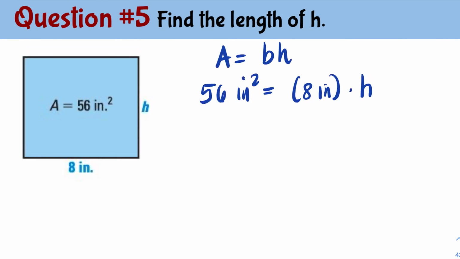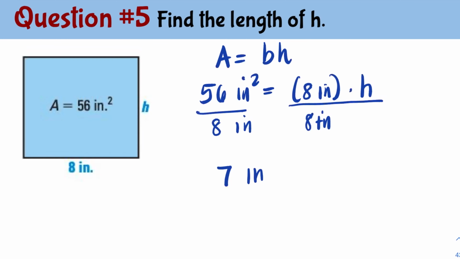So now we can divide both sides by 8 inches. And 56 divided by 8 is 7. Inches squared divided by inch as the unit. And 8 divided by 8 is 1. So that means the height now here is 7 inches.